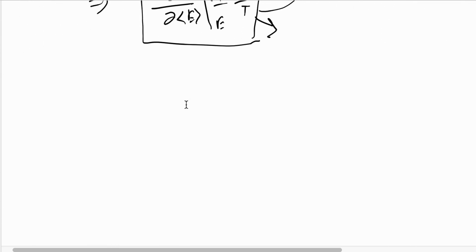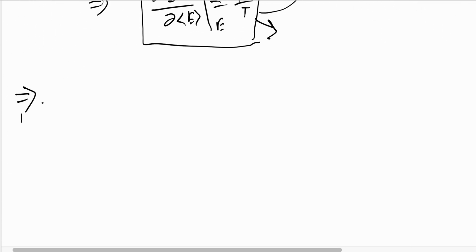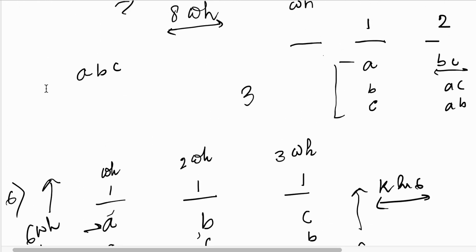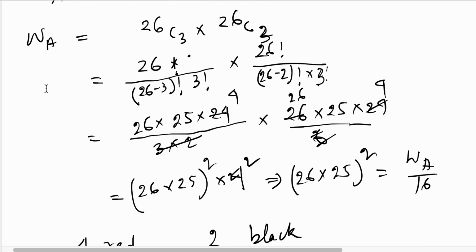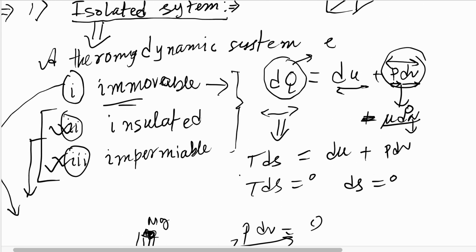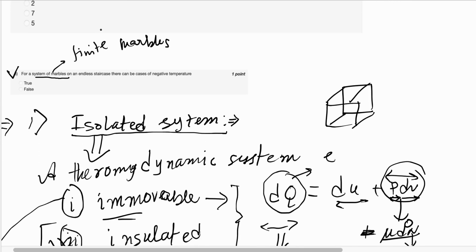So to see this exactly, you have to calculate the entropy, you have to solve these two equations. Since there is a finite number of marbles, suppose many stairs are possible, so I put an index i for representing the ith stair.